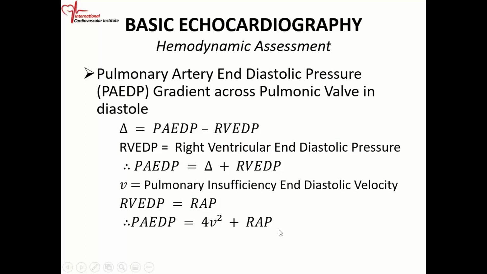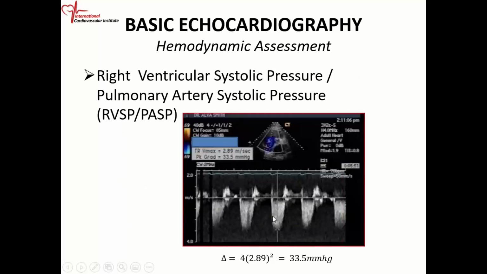So you can calculate the right ventricular systolic pressure. The RV systolic pressure is crucial in cardiology and in echo, so you have to know how to measure it and how to measure it accurately.